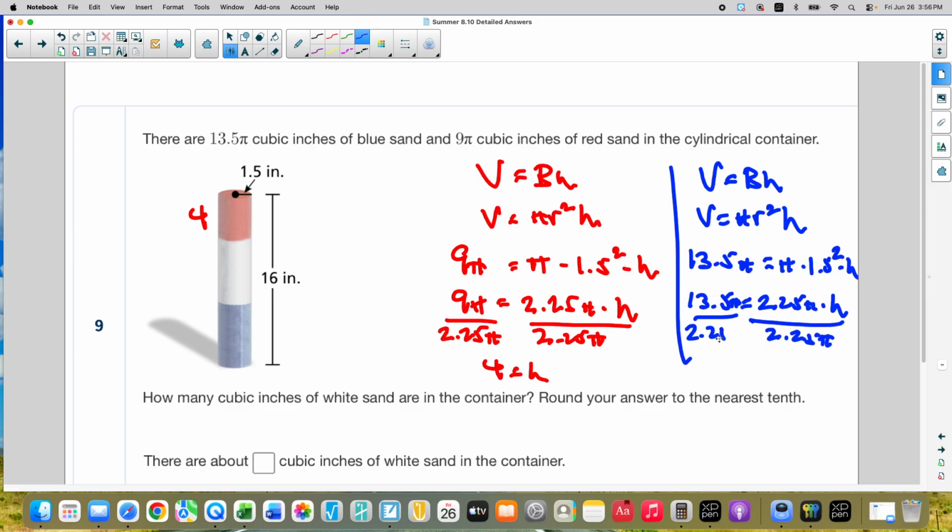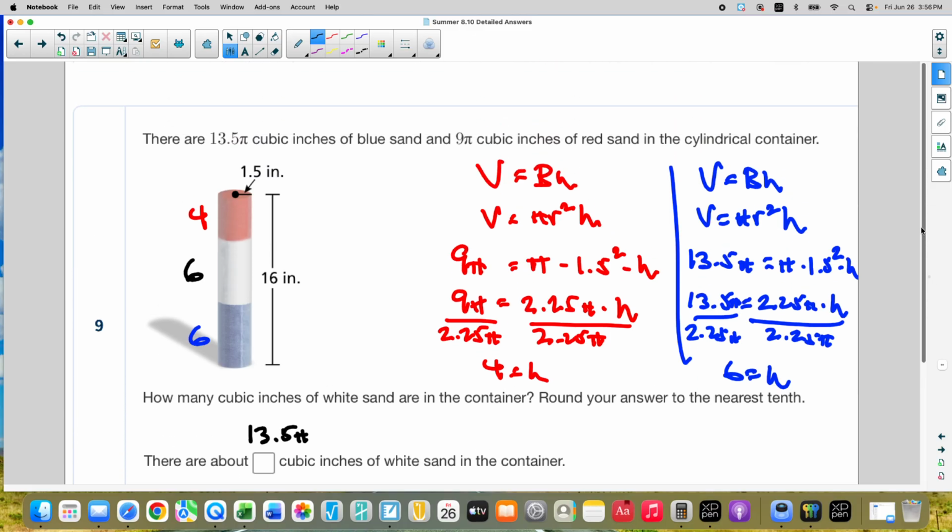Divide by 2.25 pi. So 13.5 divided by 2.25 gives you 6, equals the height of the blue. So this must be 6 inches. How many cubic inches of white sand is in the container? Well, it's going to be the same as the blue, which is 13.5 pi cubic inches.